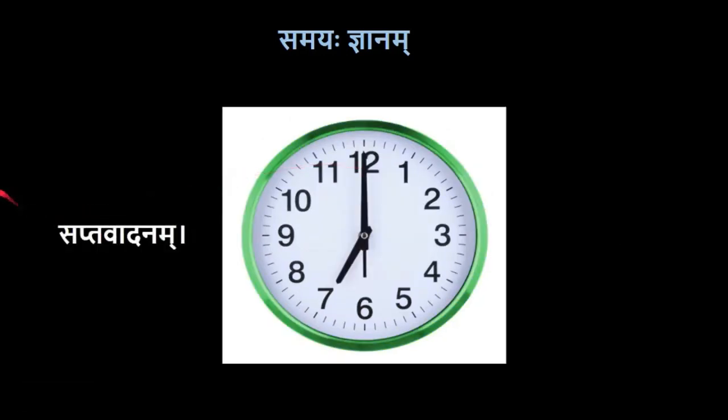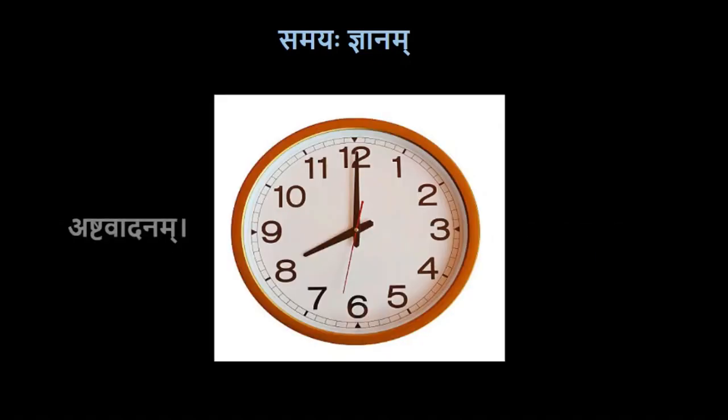Saptavadanam. Sapta is 7. The hour hand, that is Hora, is on 7. And the minute hand is on 12. So we can say that it is 7 o'clock. In Sanskrit, it is Saptavadanam. Ashtavadanam.